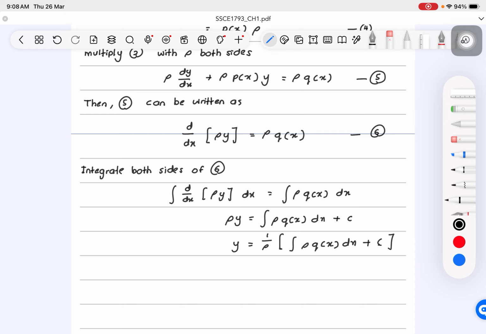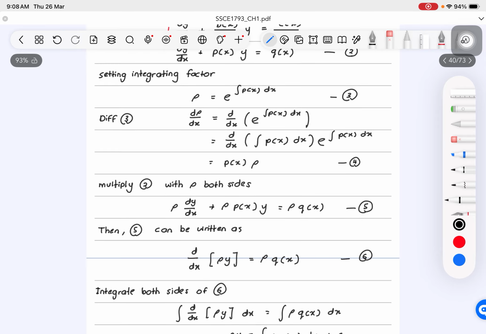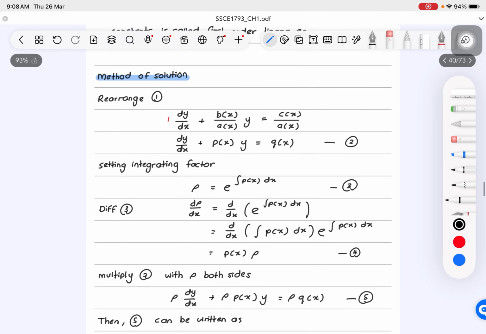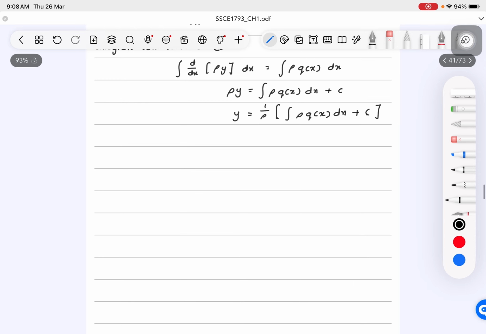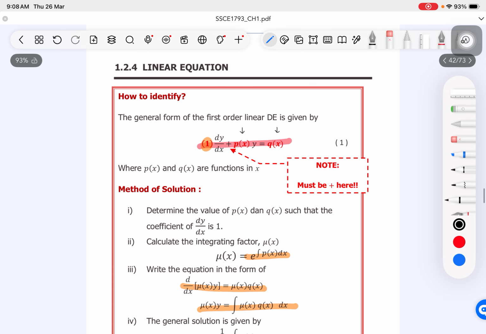So basically this is the method of solution for linear equation. The summary of this one is here.